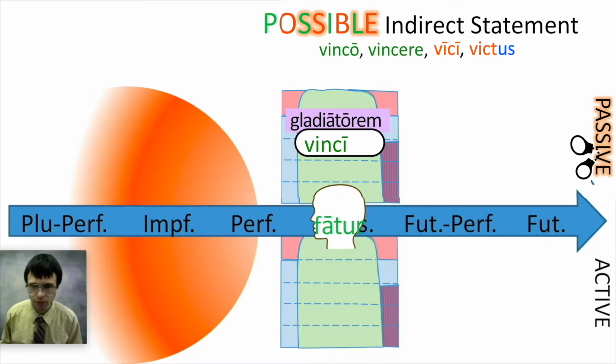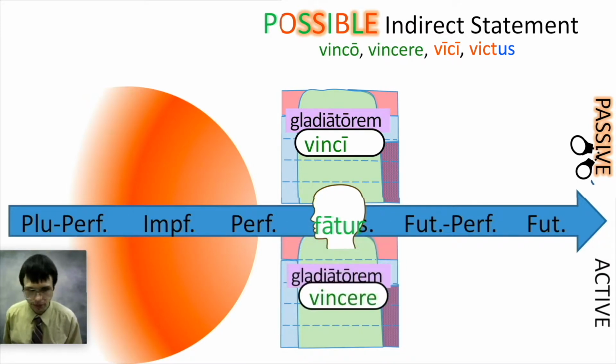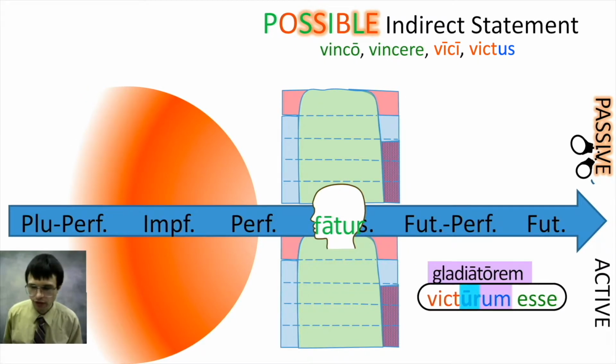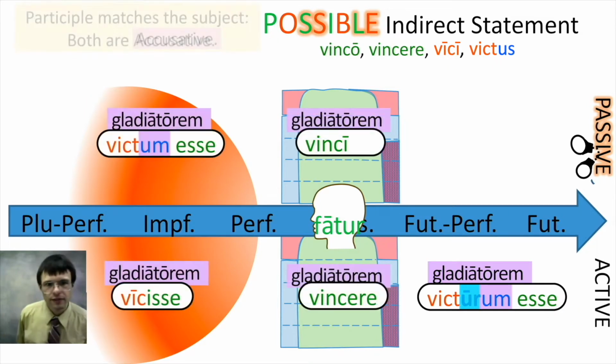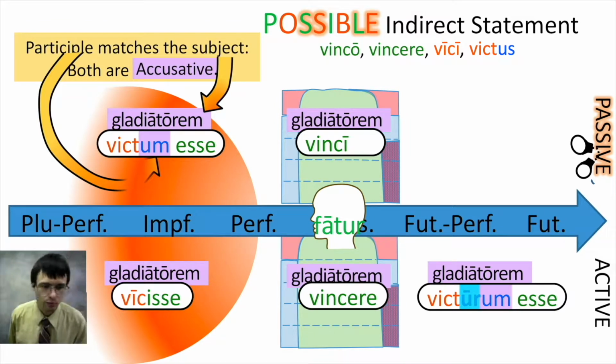And then present passive. He confesses the gladiator to be conquered. Once again, back to the present. And then now we've also got the future active. He confesses the gladiator to be what? Going to conquer, right? And this is what I said before about the ending matching gladiator in case, number, and gender.